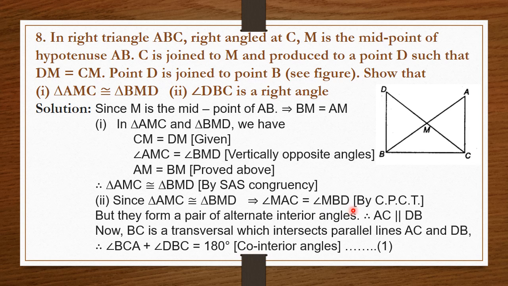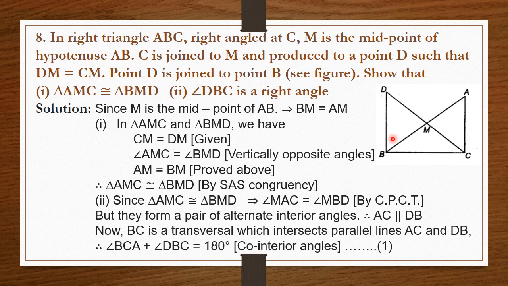But they form a pair of alternate interior angles, isn't it so? This angle is equal to this angle. We have just proved it, because these two triangles are congruent.